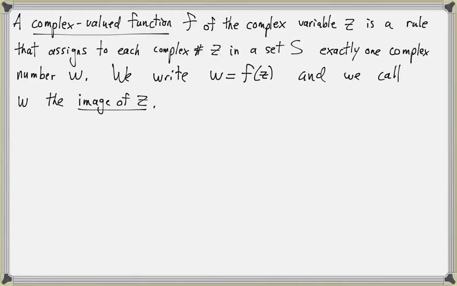Now we defined a function f of z on a set S. S is going to be known as the domain of definition of the function f, or simply the domain of f.